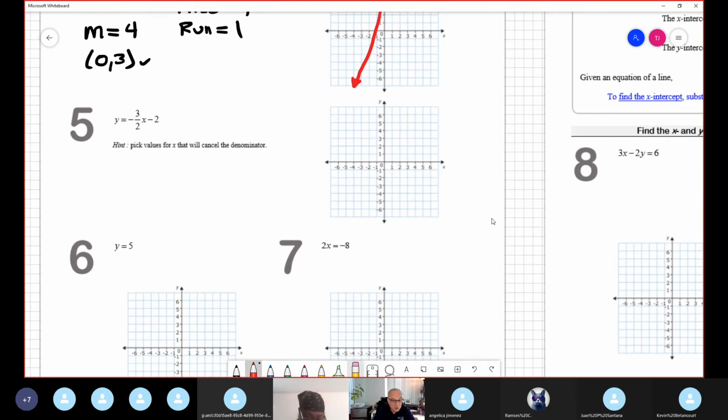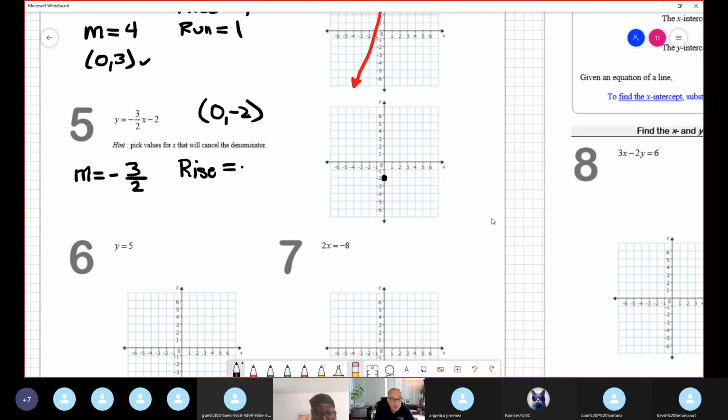Except that we discover that the slope is -3/2 and the y-intercept is -2. Therefore, it's the point (0,-2). First of all, I plot that point. (0,-2). And from that point, I use rise and run. Rise is -3.